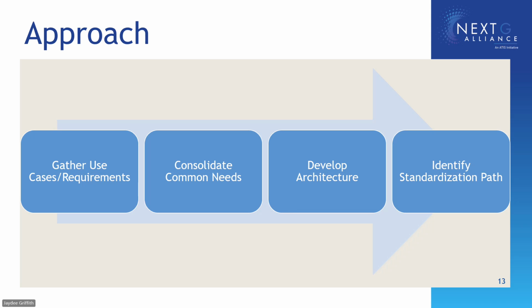How do we translate those needs and those requirements into data and interfaces on the architecture? Look at how the ISAC sensing data should be structured, exchanged, and secured as well. And then finally, as an outcome, we're looking to identify what is that standardization path, whether it's 3GPP, IETF, ORAN, and perhaps some others as well.